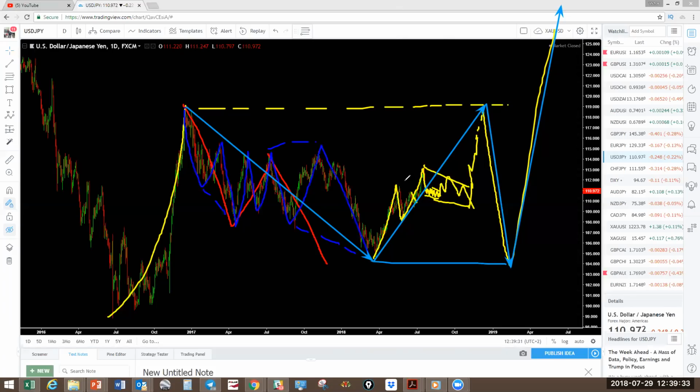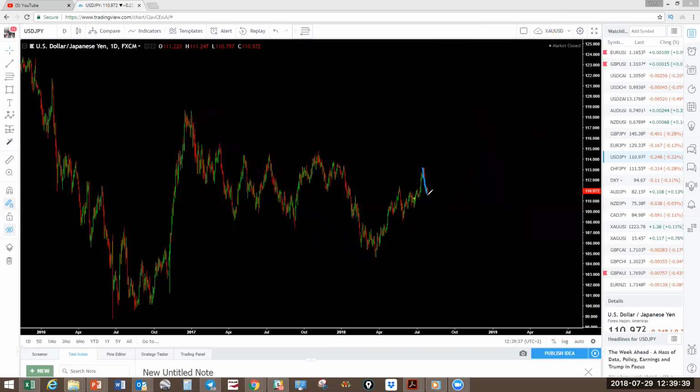Okay, so we already had 3 wave moves, 3 wave move to the upside. It went up in 3 waves. So now all we need to see is whether this will come back down with a V pattern, move up, possible move like that, another move like that, making this a 1, 2, 3 wave move to the downside with a corrective structure here.